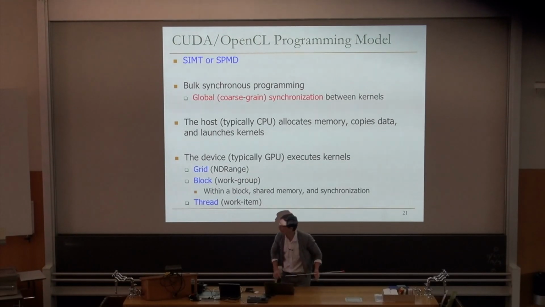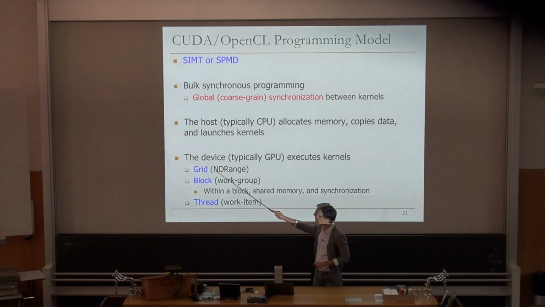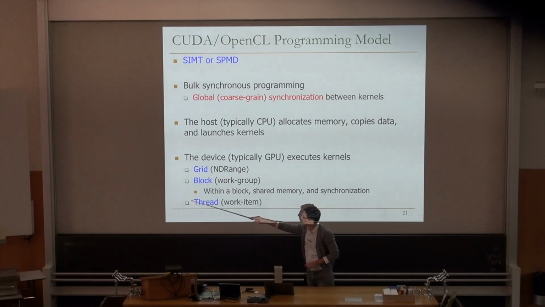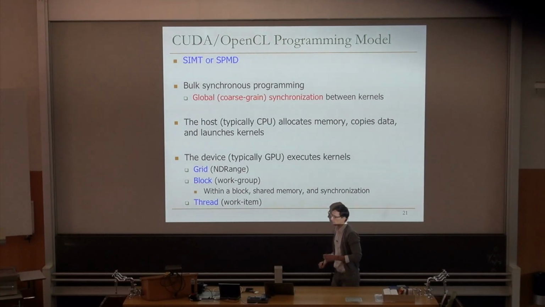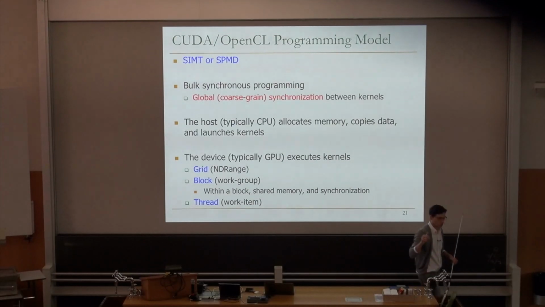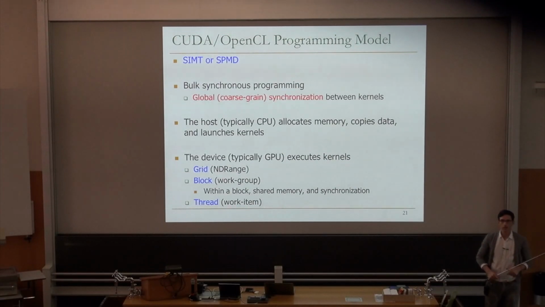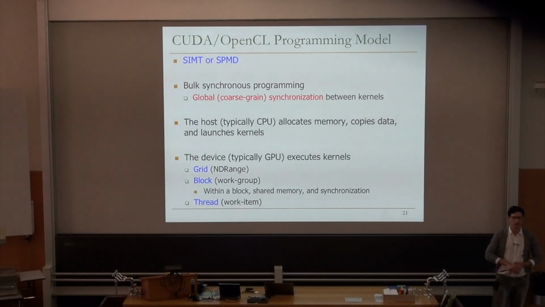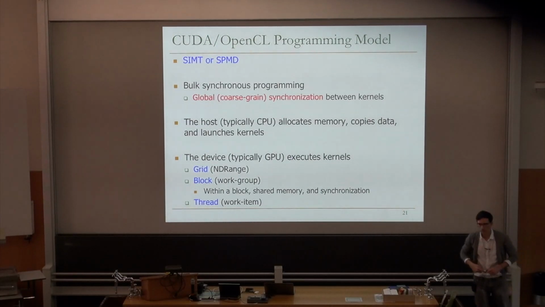I have already mentioned these three terms: grid, block, thread. There are two main reasons why these threads are organized within blocks. The first reason is that the GPU itself is divided into so-called, in NVIDIA terminology, SMs, or streaming multiprocessors, each of which is a compute unit or SIMD unit that we have already seen in the previous slides.